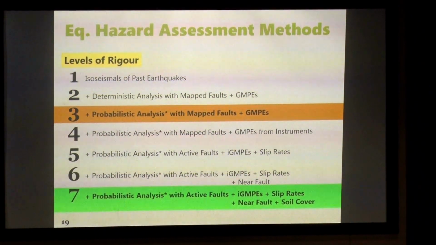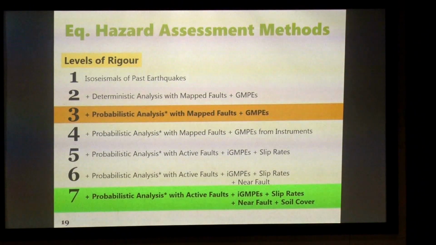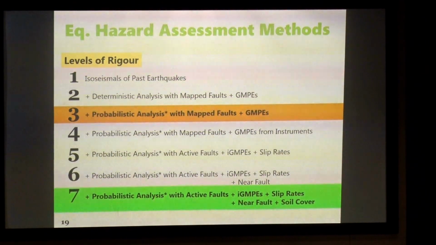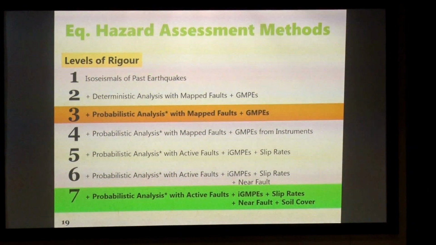We need more instruments, we need more instrumented data, we need ground motion prediction equations to be developed based on recorded data from the Indian landmass. And finally, we have a way to go, where even today we are not considering near-fault effects, which is a significant thing that is going to come up in the near future.